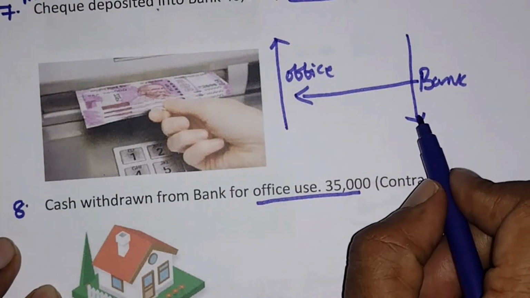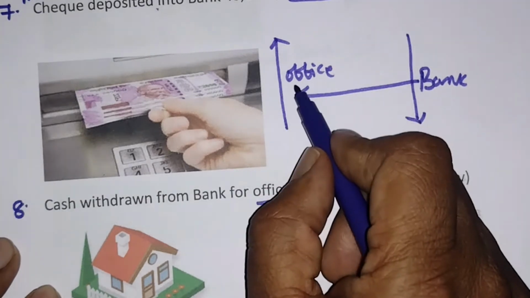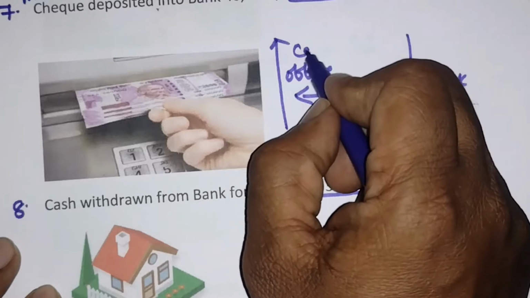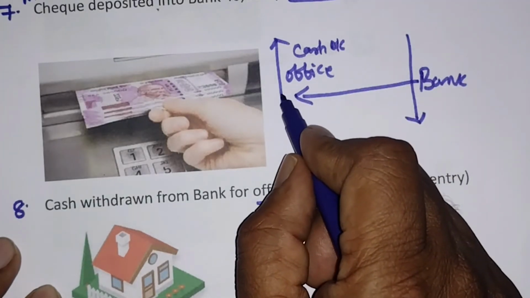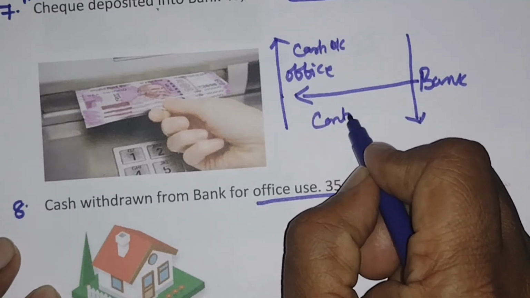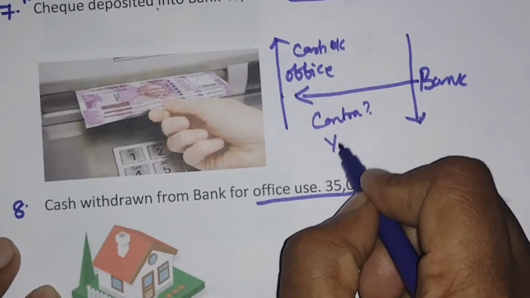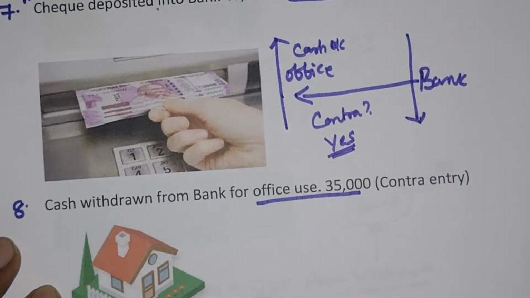At a time, two places the transaction is to be shown. One in the office, office is always cash account. So in office it increases, in bank it decreases. Is this a contra entry? Yes, it is a contra entry.